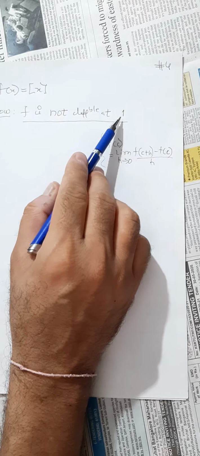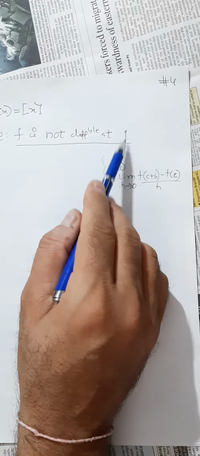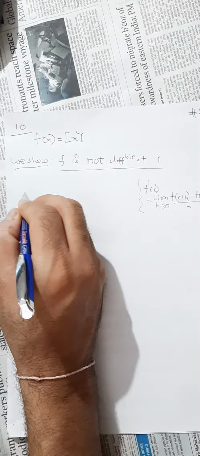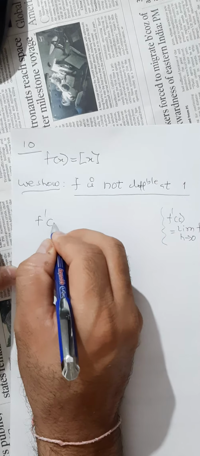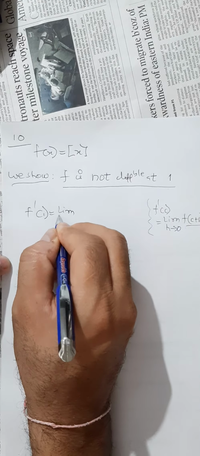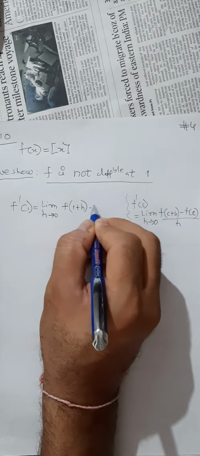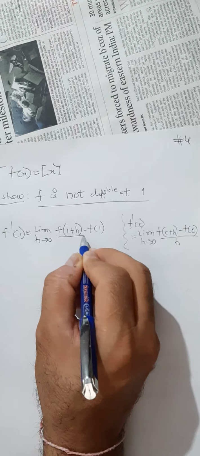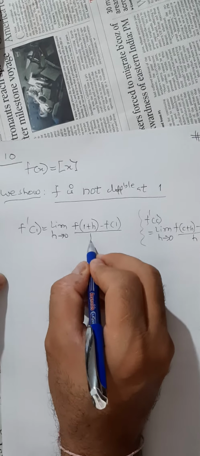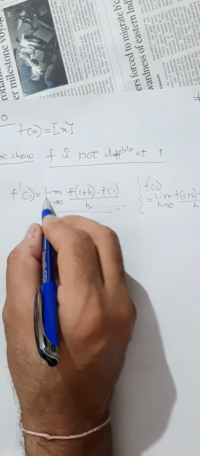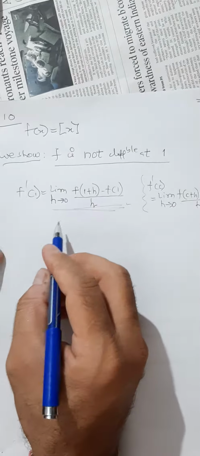We are checking differentiability at 1, so instead of c, I'm going to write 1 here. So f dash 1 equals limit, as I did in the previous example, f of 1 plus h minus f of 1 upon h. We'll show that this limit doesn't exist.